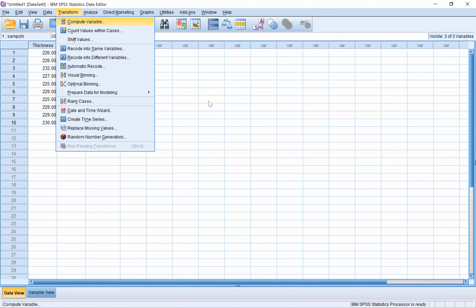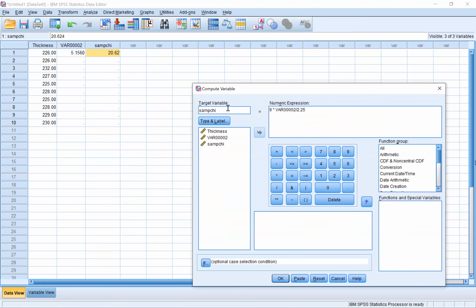So let's compute variable again. Target variable is some critical value, and that I will get by doing, let me see if you are able to see it. Yeah.